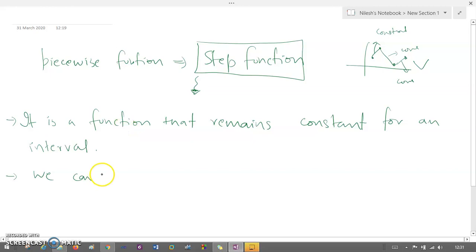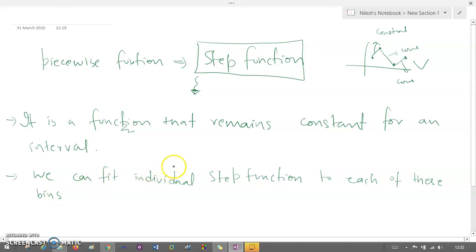So we can fit individual step function to each of these bins, okay, that we had separated out to impose here.